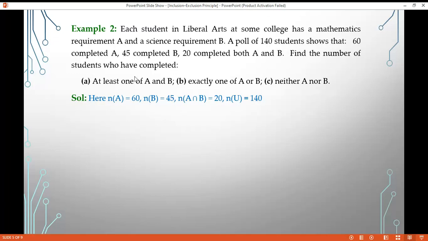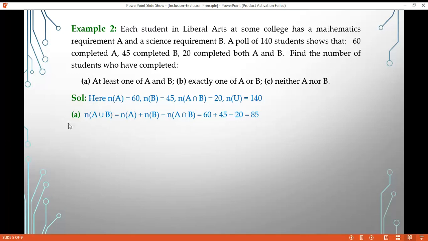So now what we calculate in the first part is at least one of A and B. What is the meaning of at least one of A and B? At least one means you have to find the union, right? So you have to calculate A union B. Now what is the inclusion exclusion principle?